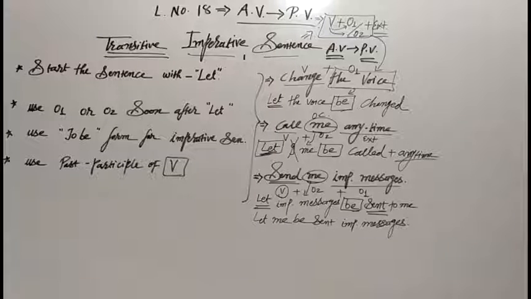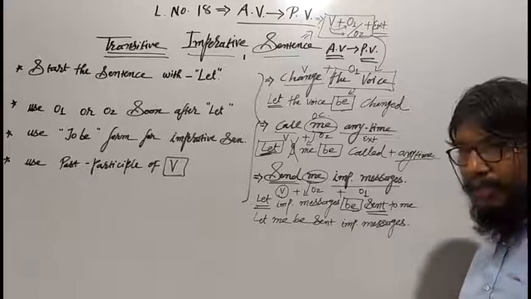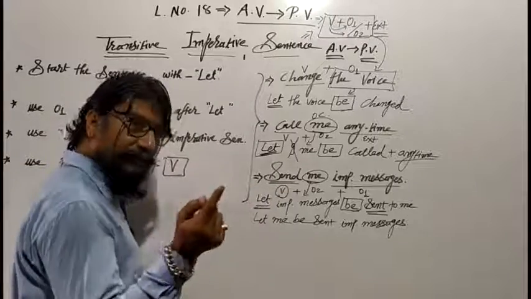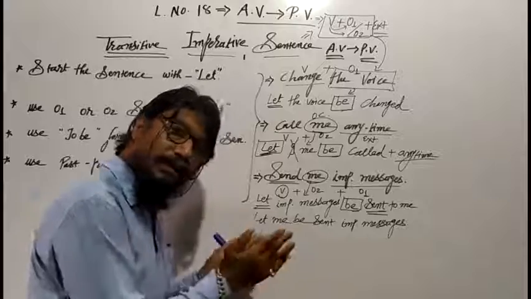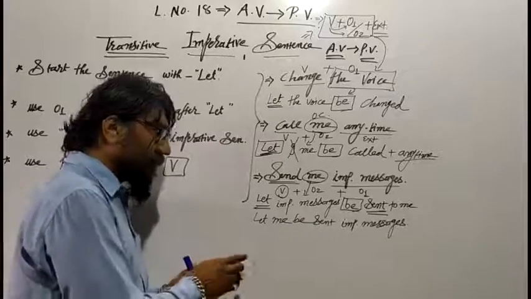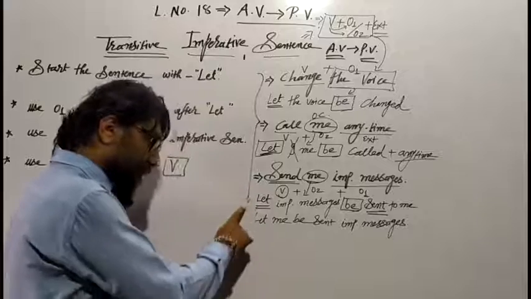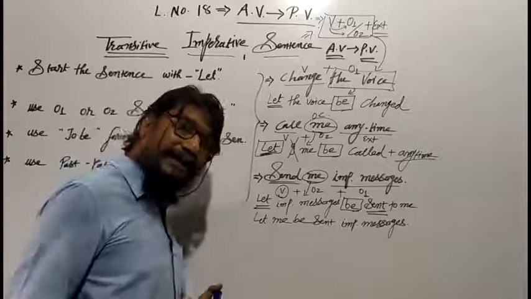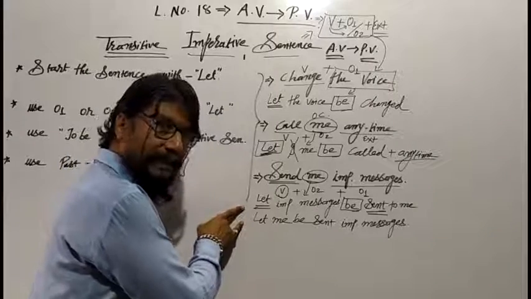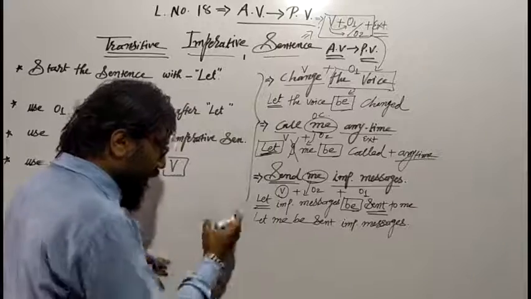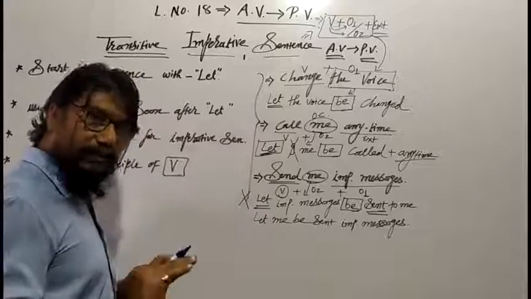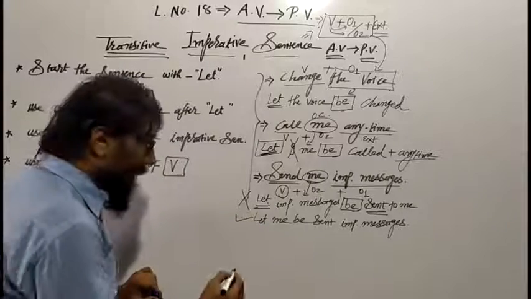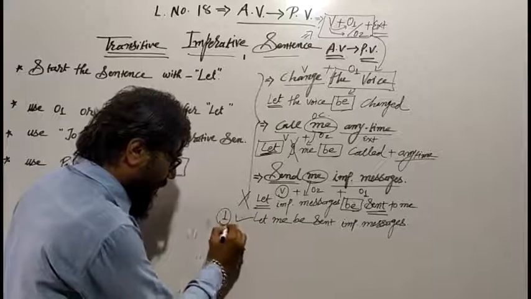Okay? One more thing I'll tell you. In the examination, if O1 and O2, both objects are given, it is not compulsory that you write both transformations. It is not at all compulsory. But I will advise you to write both. Why is it so? Suppose this one is wrong. If the second one is correct, then you will get marks for this.